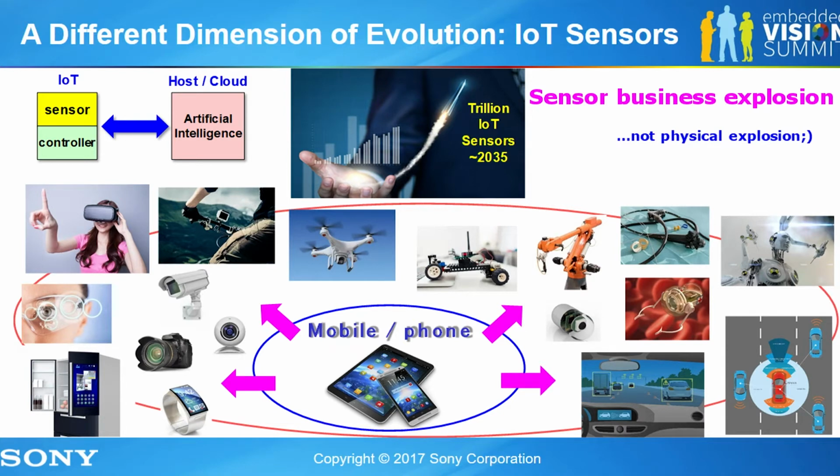Last year, a Japanese company acquired the ARM processor company, and the CEO said we'll see an explosion of IoT devices and sensors. An IoT device will be composed of the sensor, of course, and some controllers for edge computing, and you will also have artificial intelligence or deep learning CNN on the cloud side, connected through the internet.